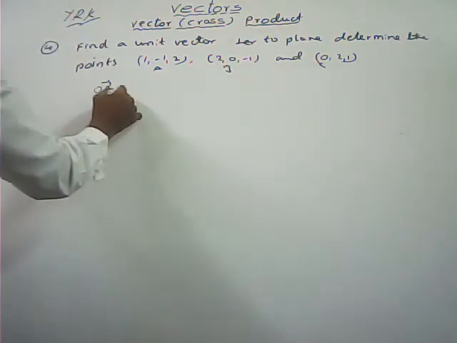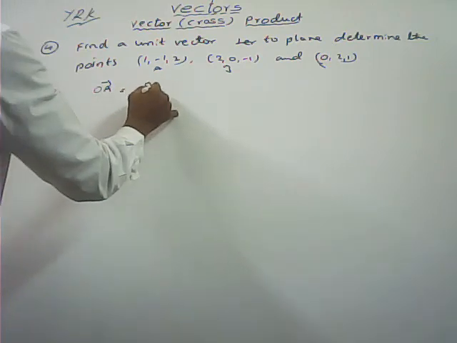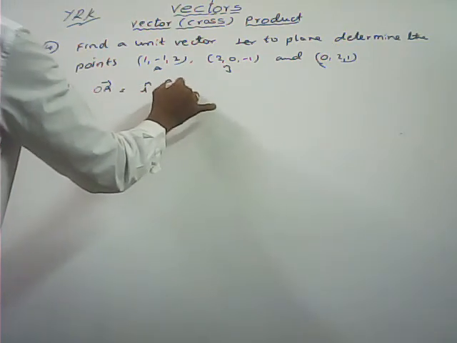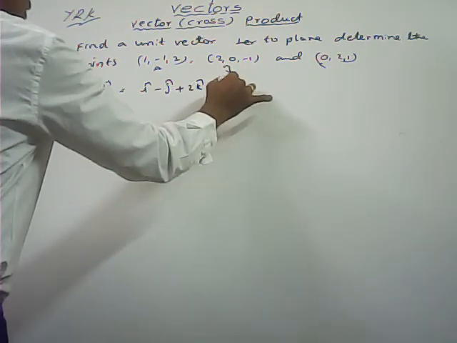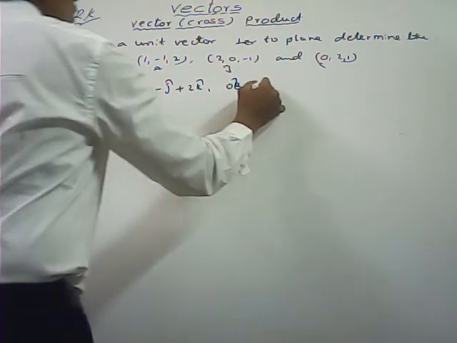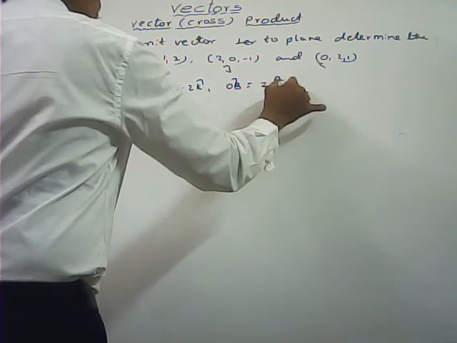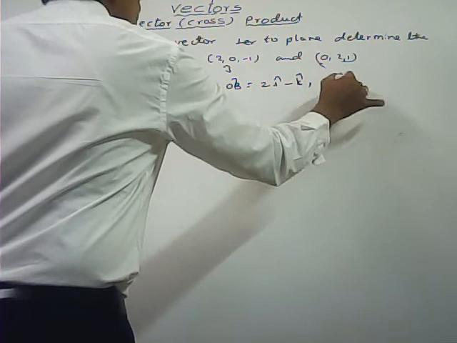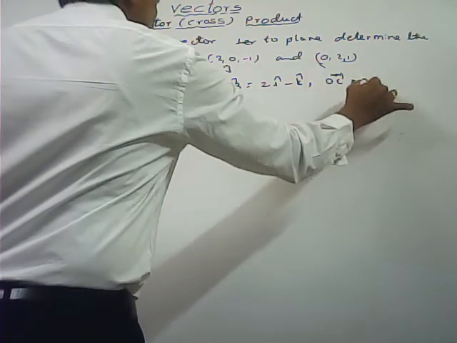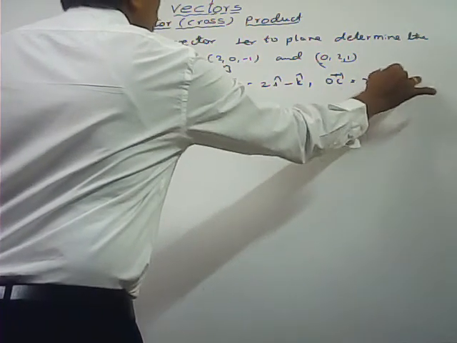OA bar is i cap minus j cap plus 2k cap, OB bar is 2 i cap minus k cap, and OC bar is 2 j cap plus k cap.